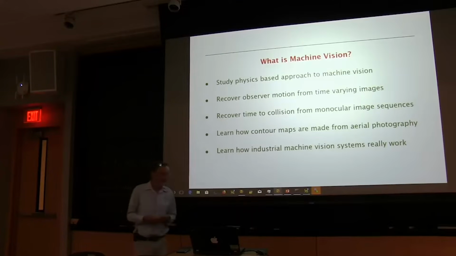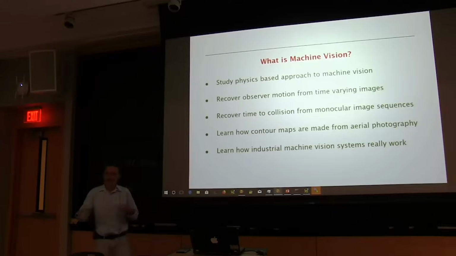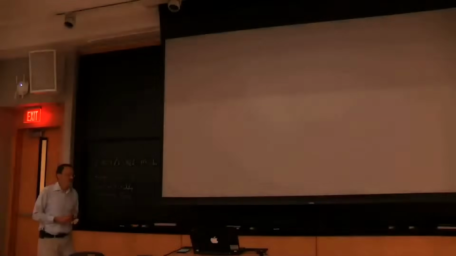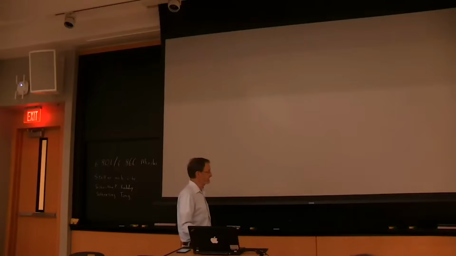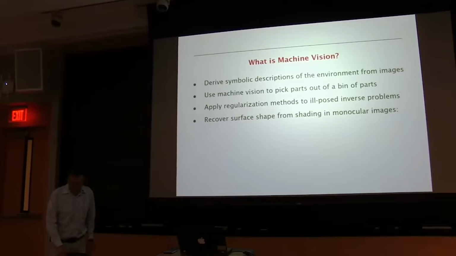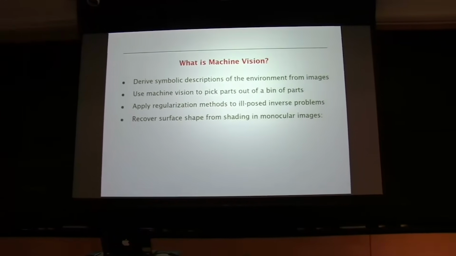And so they actually poo-poo some of the things us academics talk about, because they're just not ready for that kind of environment. And they've come up with some very good methods of their own. And so it'll be interesting to talk about that. So at a higher level, we want to develop a description of the environment just based on images.